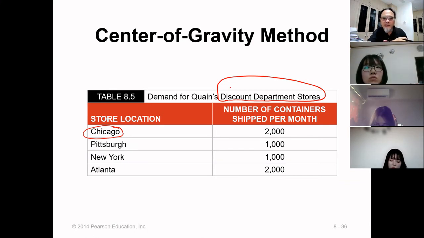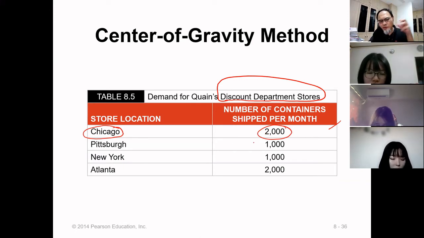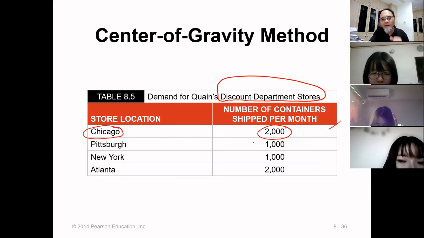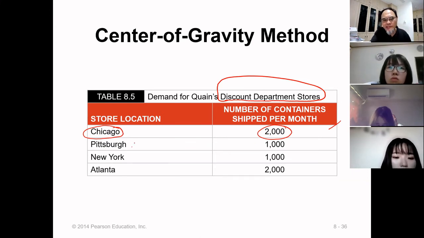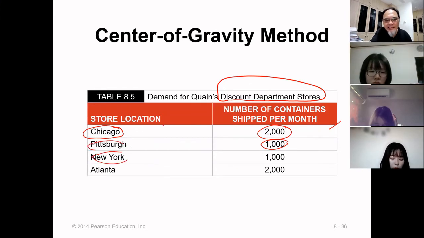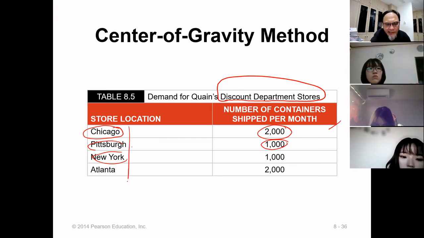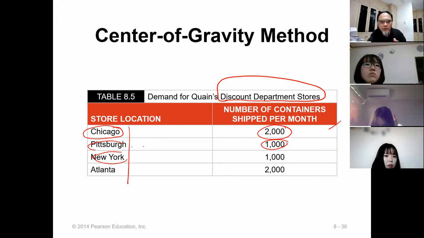The number of containers shipped per month from Chicago to the new warehouse or the new location is 2,000 per month. The next location is 1,000. These are existing markets that you are trying to deliver to. 1,000, 2,000.